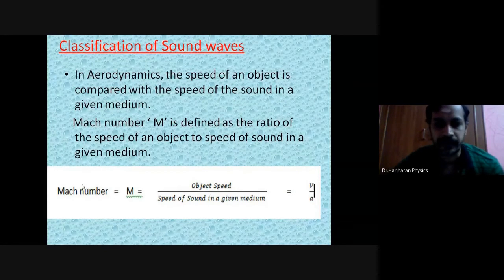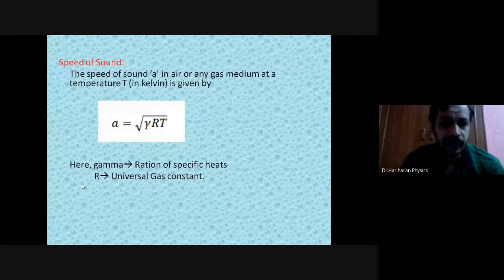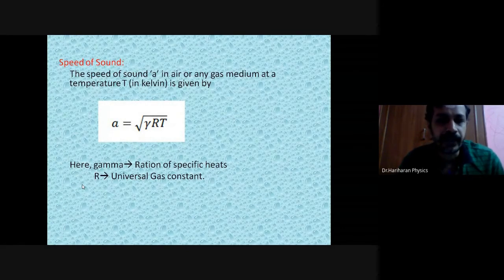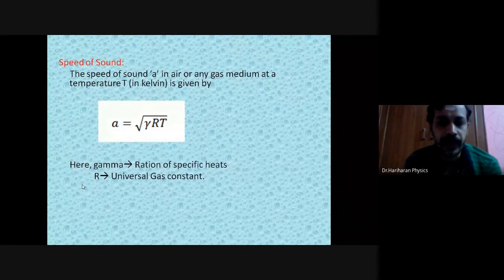Next, what is the formula for speed of sound? We know that the speed of sound in a given medium increases with temperature as square root of T. Also, it depends on the nature of the medium, which is characterized by gamma.